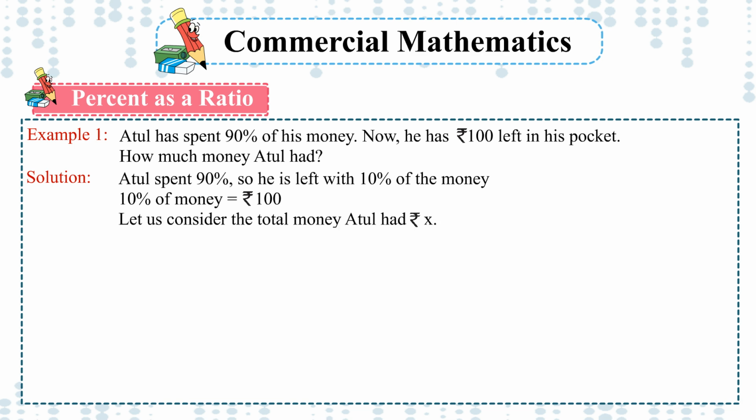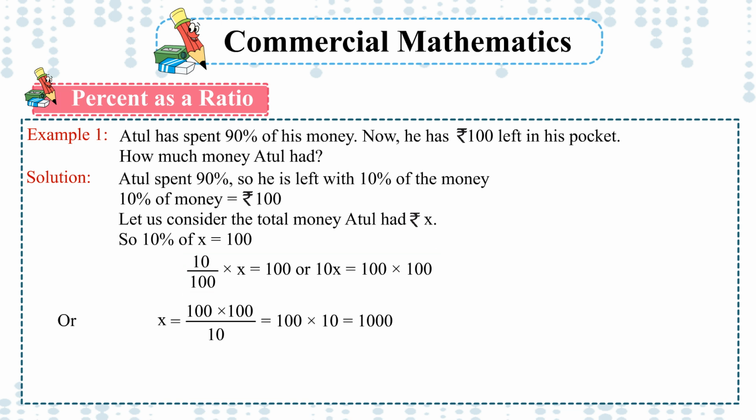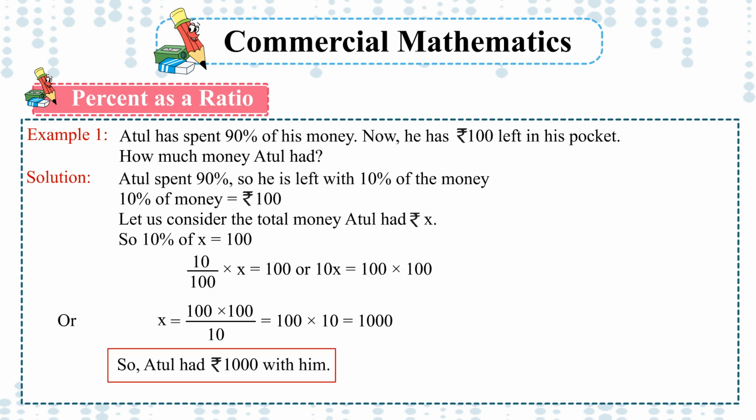Let us consider the total money Atul had X. So 10% of X is equal to 100. 10 upon 100 multiply X is equal to 100, or 10x is equal to 100 multiply 100, or X is equal to 100 multiply 100 upon 10 is equal to 100 multiply 10 is equal to 1000. So, Atul had ₹1000 with him.